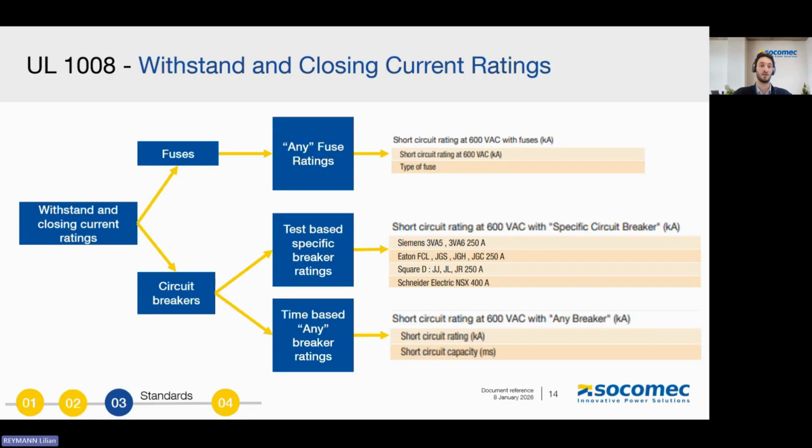And the other one is the any breaker rating. It is for use with any circuit breaker on the market, but as it is for any breaker, the SCCR, the short circuit current rating, is often lower than with specific breakers.